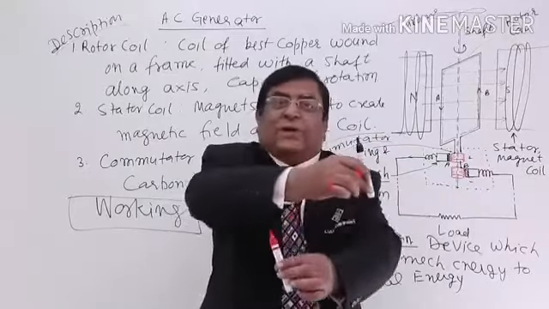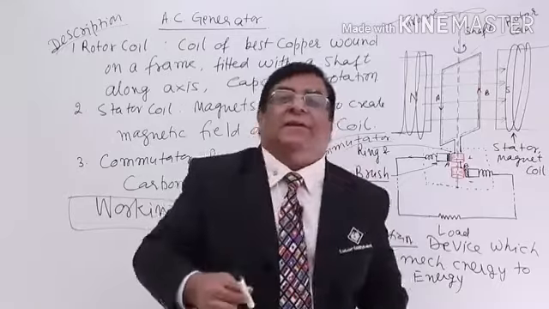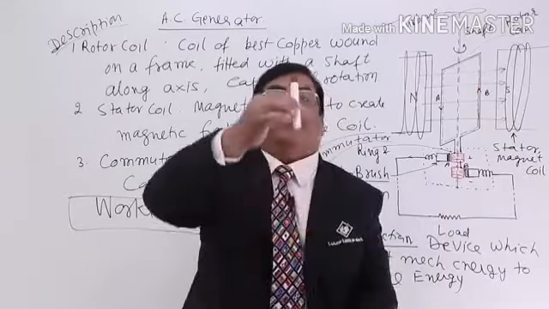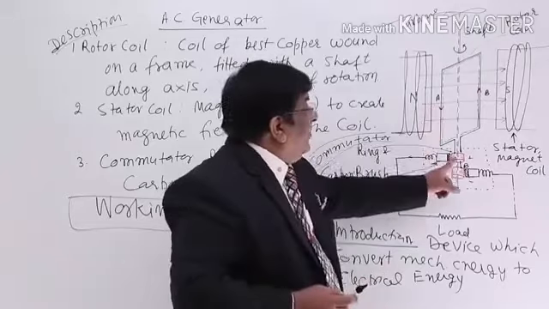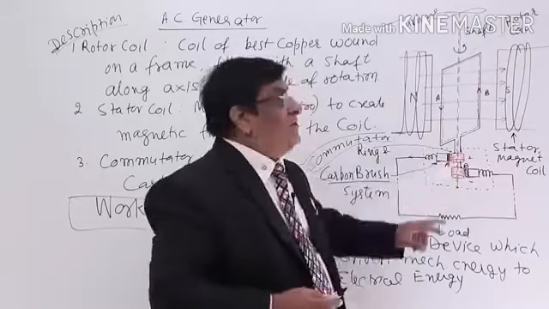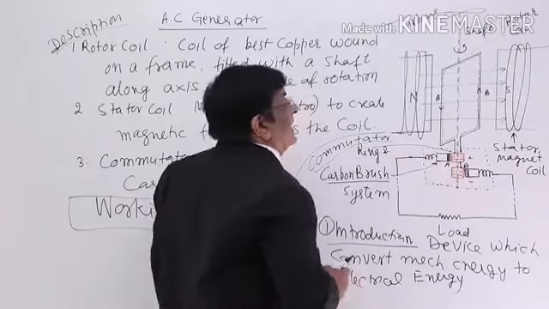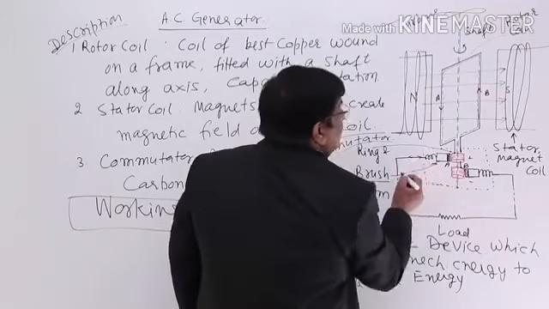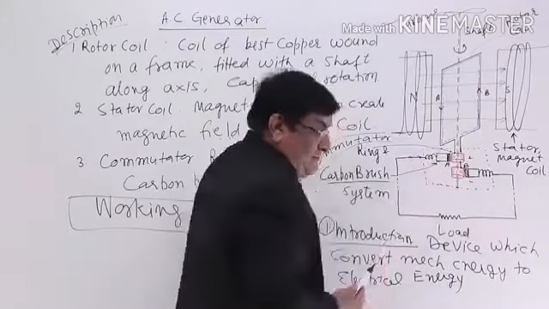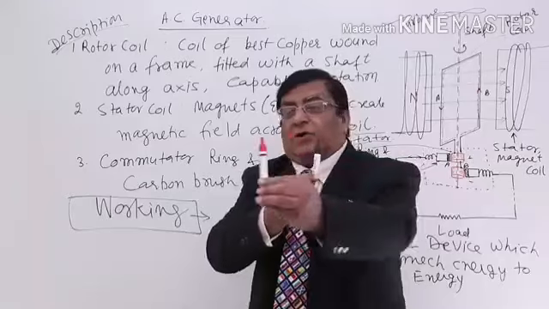When this is going up, what will be the direction of current in this? Then it will be up. But this is always connected with this. So in this, now what will be the direction of current? Up. That is current this way. And in this, the red one, it has gone this way.